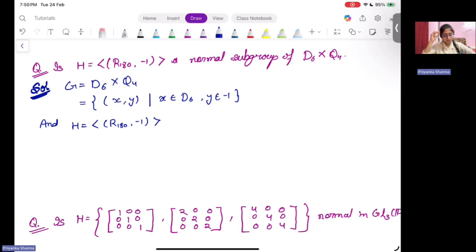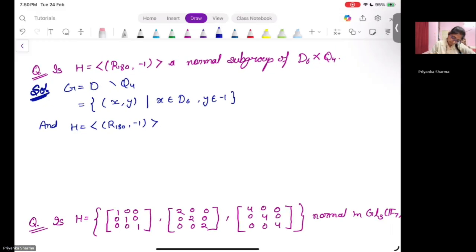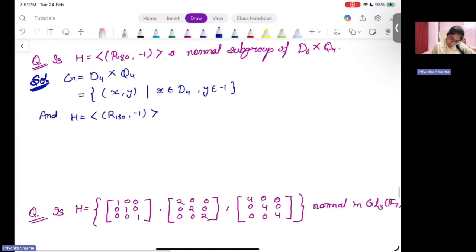Let's take D4. R180 means half of 360. So this will give you exactly a central element.